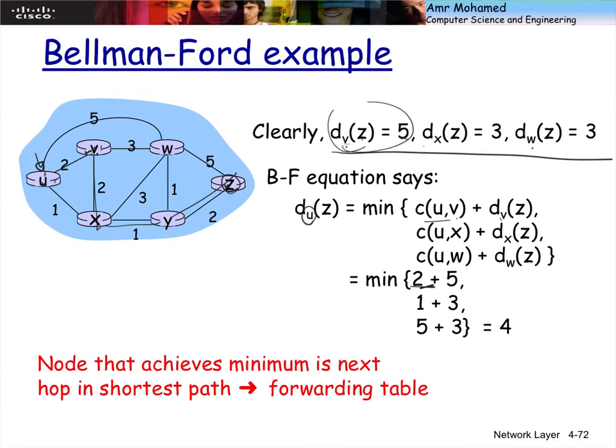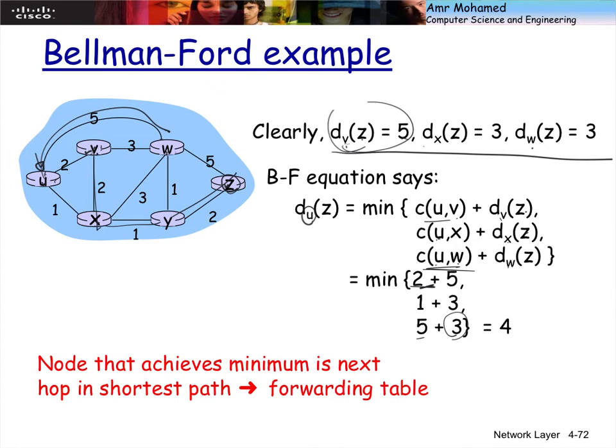So the cost between U and V plus the distance between V and Z, or the cost between U and X, which is another adjacent node, plus the distance between X and Z, and similarly for W, which is an adjacent node because I have a direct link between U and W, right? So U and W, this is the cost between U and W, which is 5, plus the distance between W and Z, which is 3.